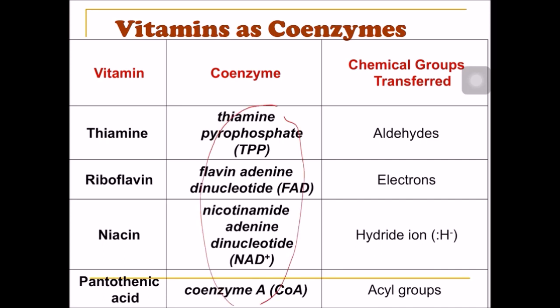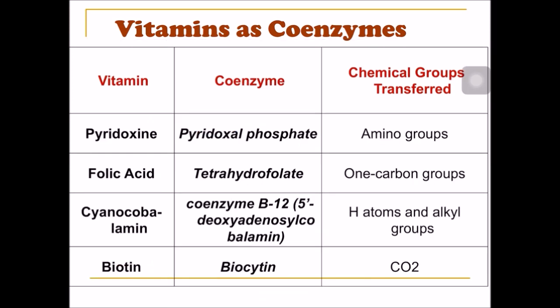So for the example of coenzymes, usually coenzymes are the ones derived from vitamins. And often these coenzymes come from the vitamins like thiamine, which is B1, riboflavin B2, niacin B3, pantothenic acid B5 with their corresponding coenzymes, in which for TPP, it is responsible for aldehyde transfer, for FAD from B2 for electron transfer, and then B3 for nicotinamide, we have hydride ion, and then B5 naman for acyl transfer.